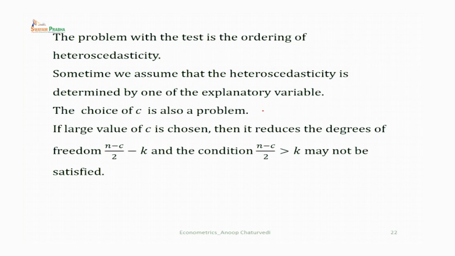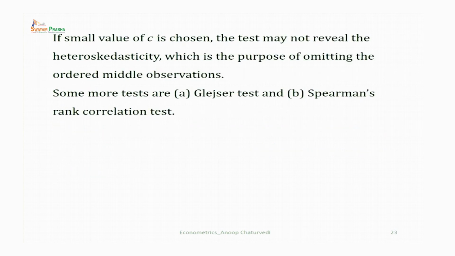Further, choice of c is also a problem. If we choose a large value of c, then it reduces the degrees of freedom, and then this condition (n minus c) by 2 greater than k may not be satisfied. And if we choose a small value of c, then the test may not reveal the heteroscedasticity, and this is actually the sole purpose of omitting the ordered middle observations.